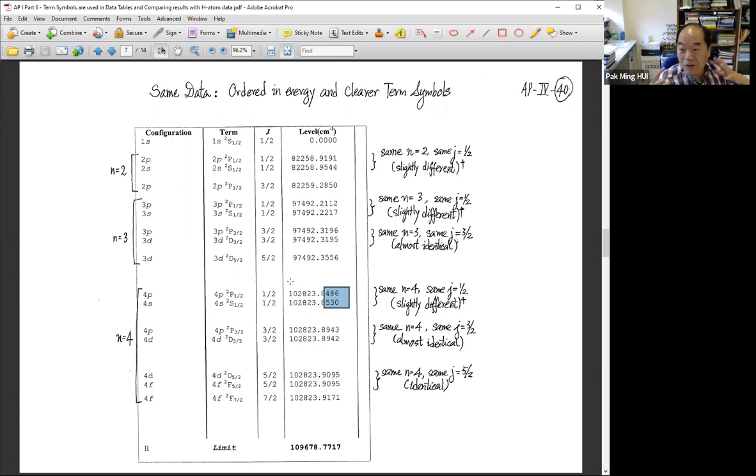So far, up to here, we are able to use a very simple technique to study spin-orbit interaction, and we realize that different j will correspond to different shifts and therefore partially remove the degenerate states.